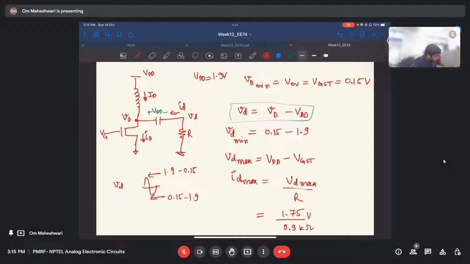And if you solve it, it will come out to be 4 milliampere. So this will be ID max.